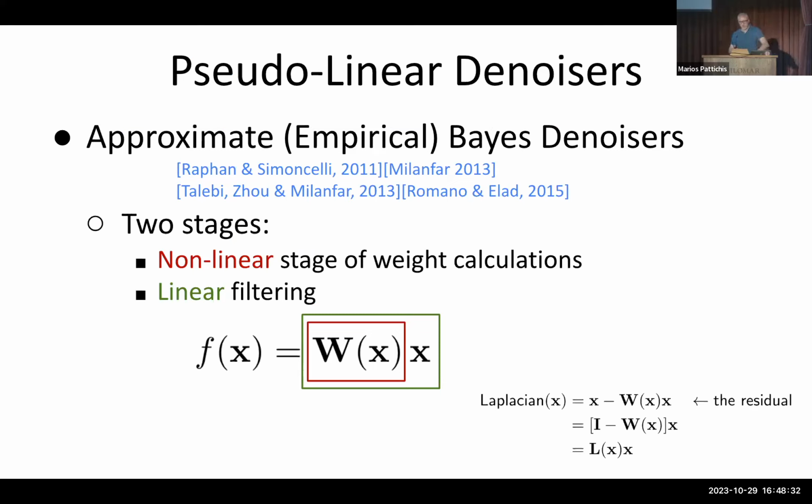We've written this up in a number of different papers, not just us, but many other folks. So these are basically empirical Bayes estimators that try to approximate the minimum mean squared error. Just for reference, keep in mind, I'm going to call x minus W applied to x the residual or the Laplacian, again, as I mentioned before.